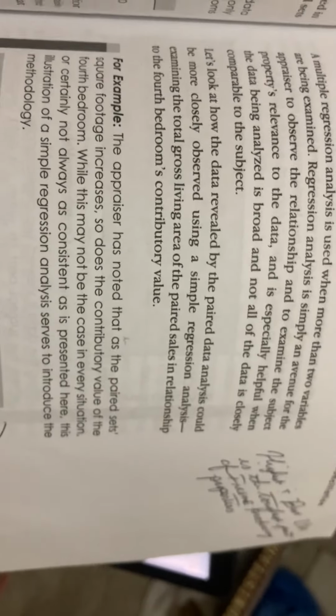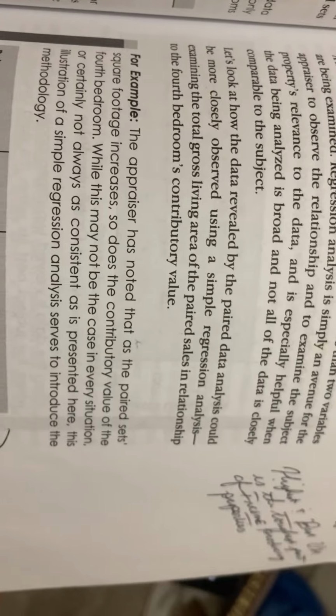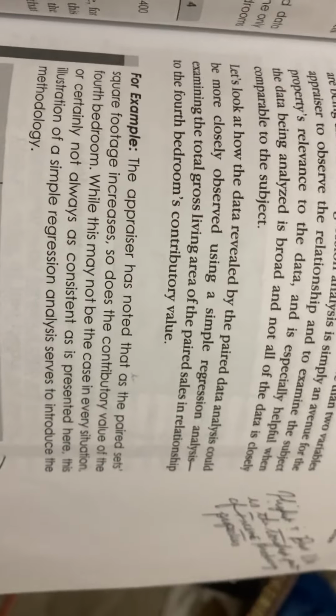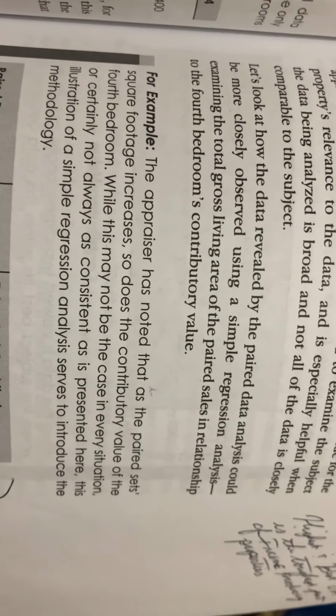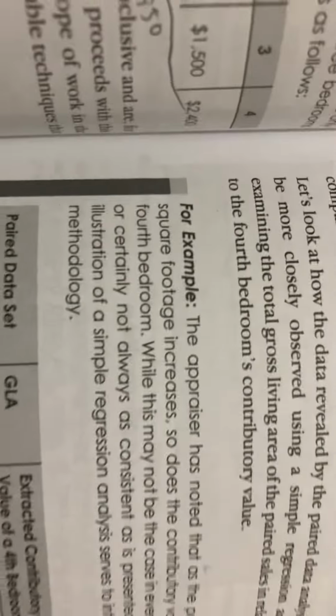Let's look at how the data revealed by the paired data analysis could be more closely observed using a simple regression analysis, examining the total gross living area of the paired sales in relationship to the fourth bedroom's contributory value.